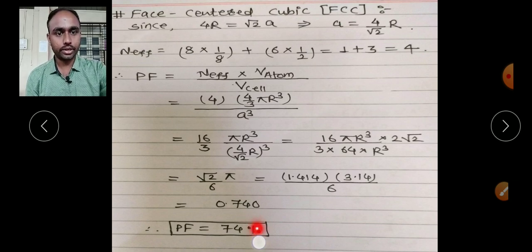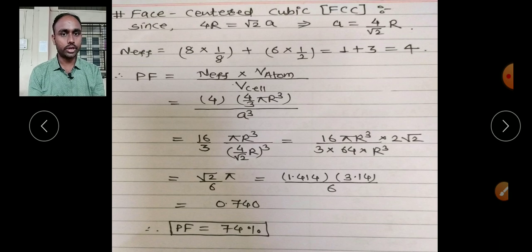So, what we got is that for the face centered cubic unit cell, the packing efficiency has increased compared to simple cubic or body centered cubic, and it is 74%, obviously because the effective number of atoms has increased, right. So, 74% is the packing efficiency for face centered cubic.